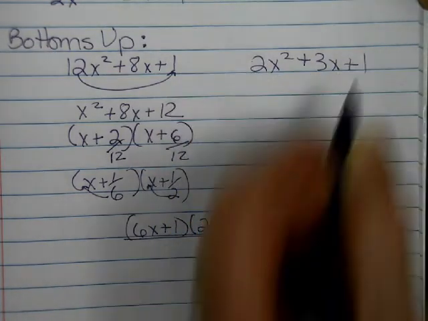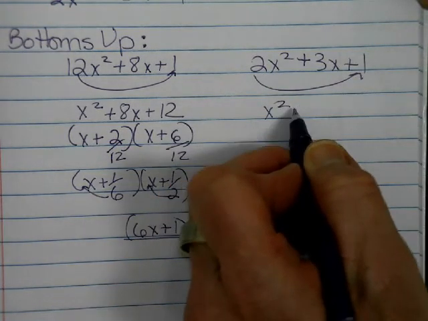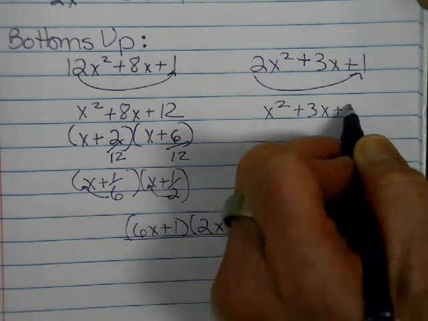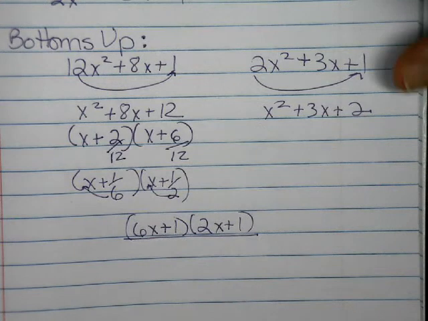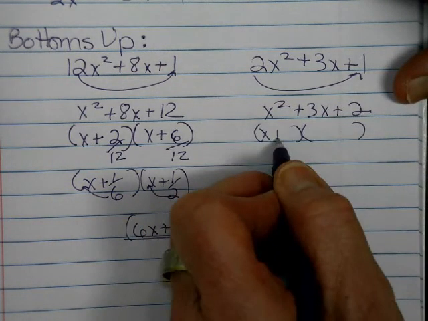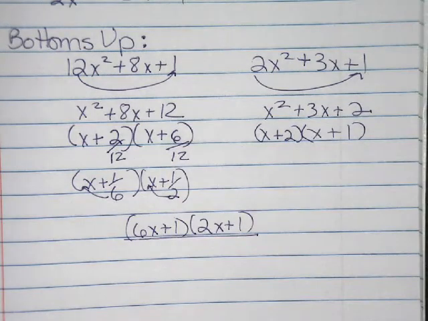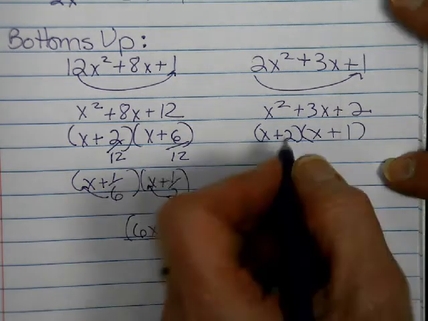Okay, my denominator story, 2x squared plus 3x plus 1. Pretend it is x squared plus 3x plus 2. So I need factors of 2, which only has 2 factors, and everything's positive. 2 and 1, yay.